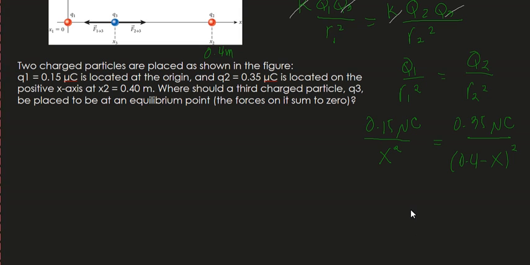So pwede natin i-manipulate ang equation. We can have 0.15 microcoulomb multiplied by 0.4 minus x squared, which is equal to 0.35 microcoulomb multiplied by x squared.